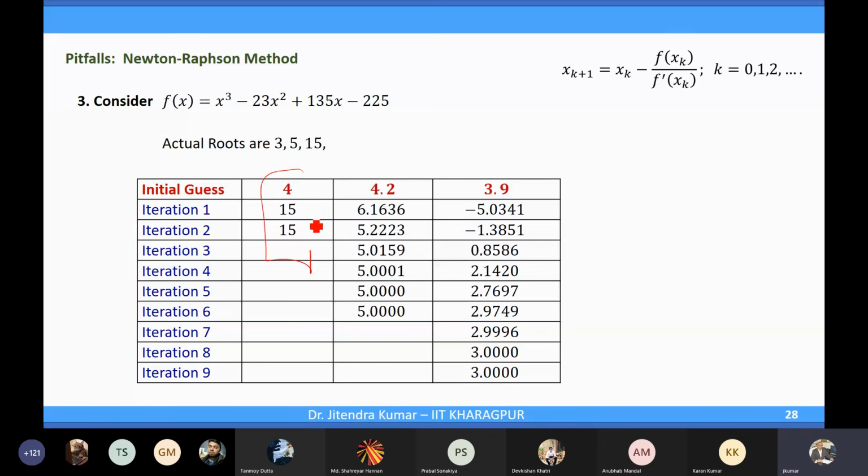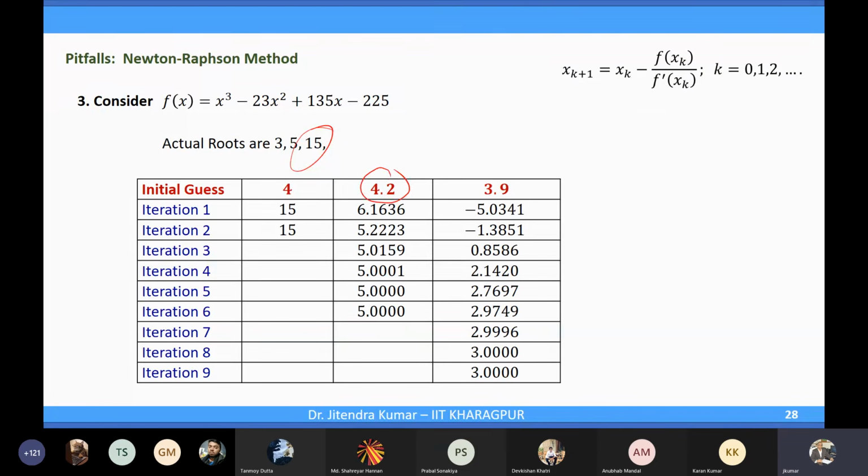So some surprising results may come. You are expecting a root somewhere near 3, you start with a closer value which is 4, and then you realize you got to another root, so it is converging to a very different root. Same thing here.